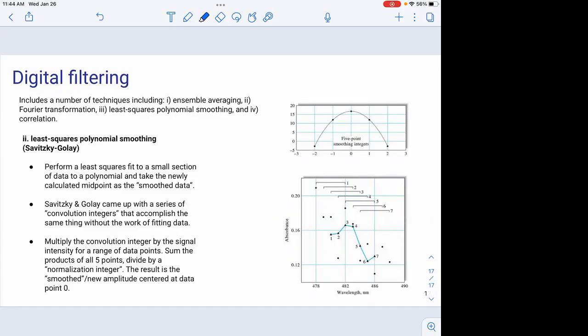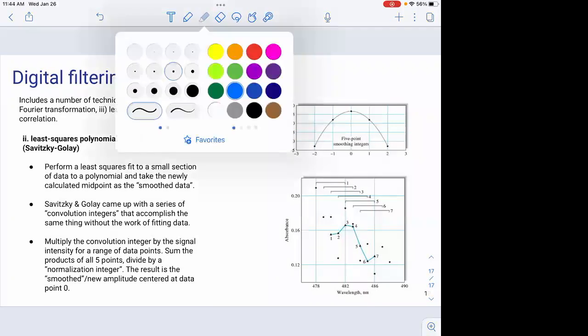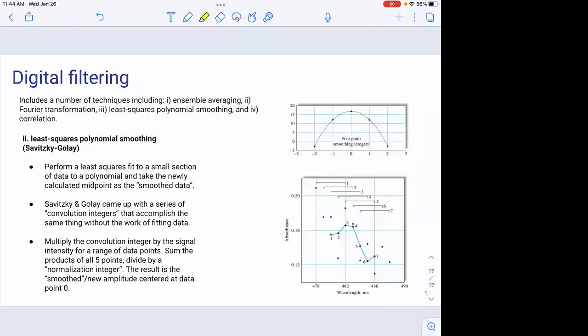Let's explain it this way. So let's say, I'm going to use a different color here. In the previous slide, we looked at a moving unweighted average, right? And we said we took a 5-point unweighted moving average. This does the same thing, but it's basically a weighted average fitted to a polynomial.